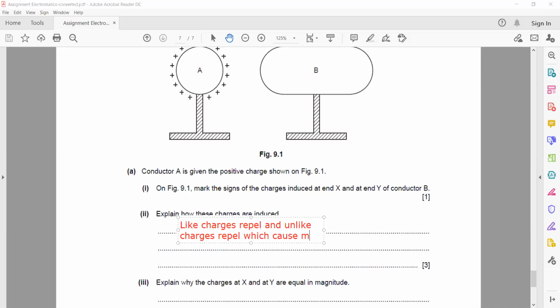Which cause movement of electrons, due to the positive charge on sphere A, towards the left, which makes a majority of negative charges.